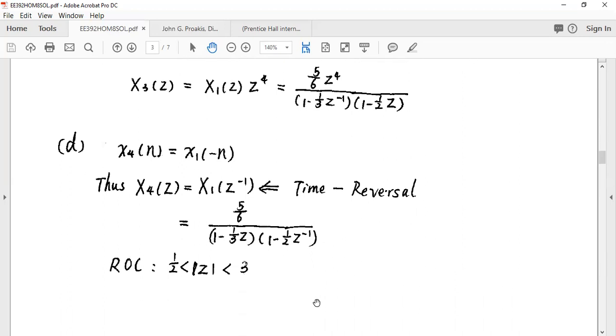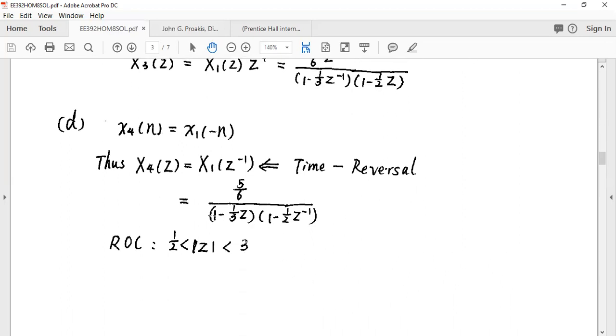Again, the region of convergence will now be found from the region of convergence for each of these two terms. The modulus of this term has to be greater than 0, to avoid the whole term turning undefined.